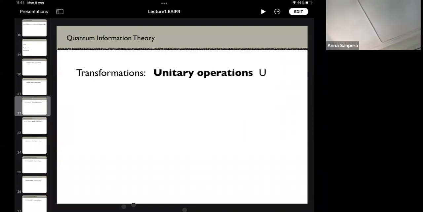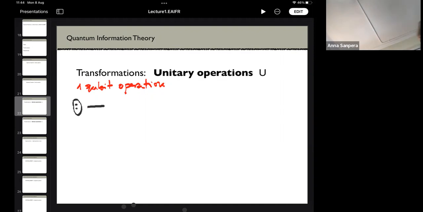Now let's draw a very simple example. We will have 1-qubit operations. What will that be? It will be anything which I will represent like that. It will be my 2-level system.